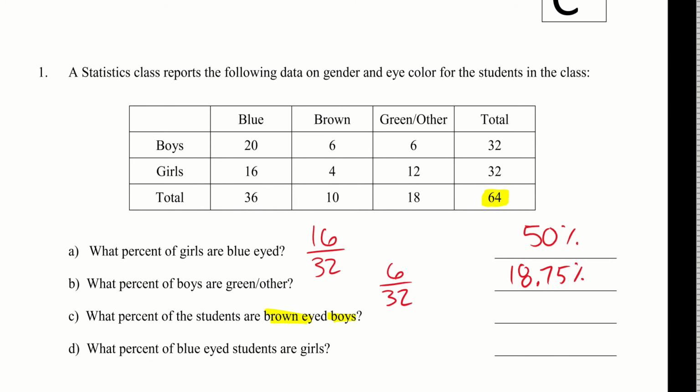Brown eyes and boys are just these 6. There's only 6 that I could say are brown eyes and boys. So I would say this is going to be 6 out of 64, which ends up being about half of the previous percent, right? So I'm going to write this down as 9.38%.